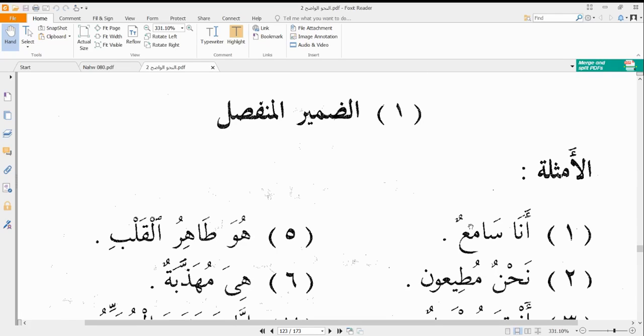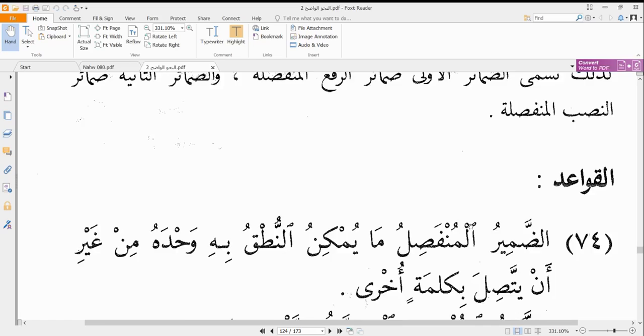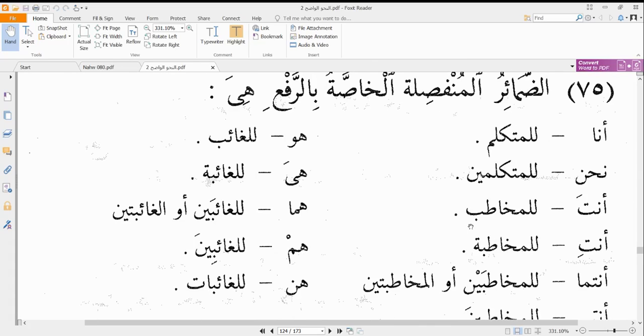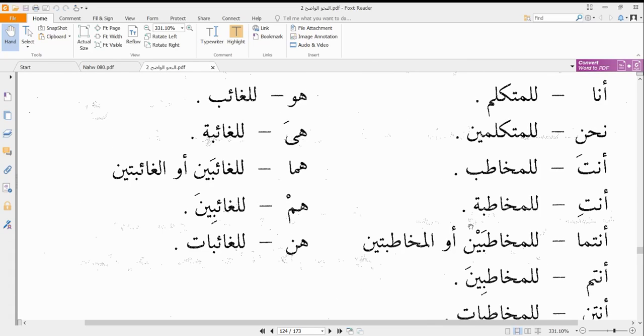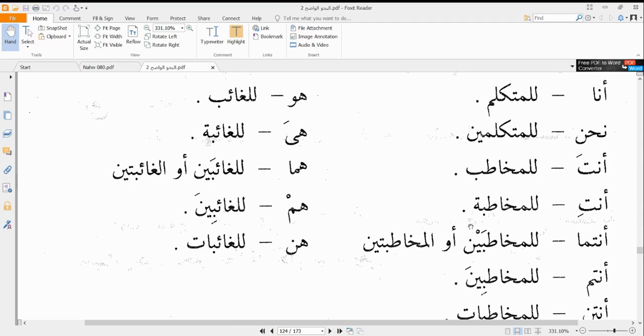الضمير المنفصل، الضمائر المنفصلة الخاصة للرفع. And we can go through them again so that we know these pronouns once again. Ana means I, nahnu means we, anta means you masculine singular, anti means you feminine singular, antuma means you both when you're talking to two people, antum means you plural masculine, and antunna also means you plural feminine.